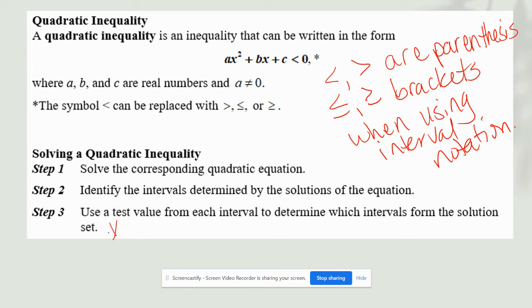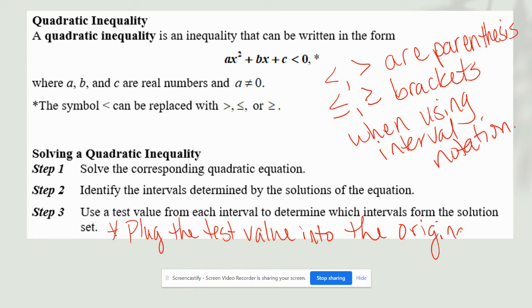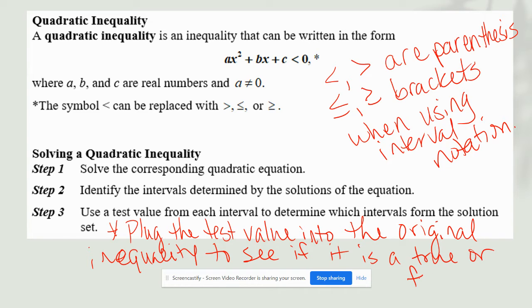For this last step, you plug the test value into the original inequality to see if it is a true or false statement.